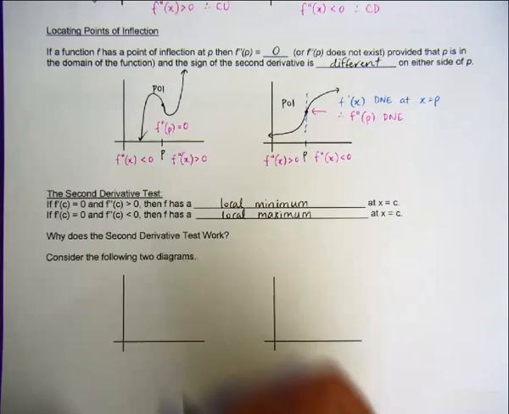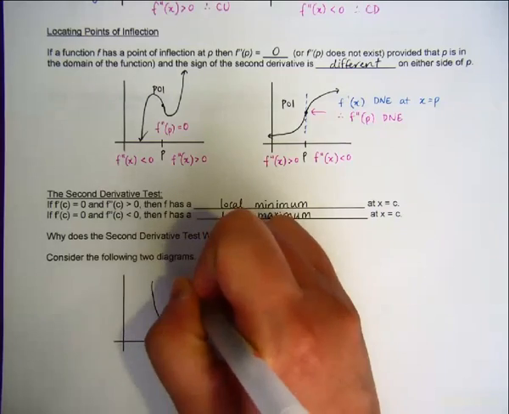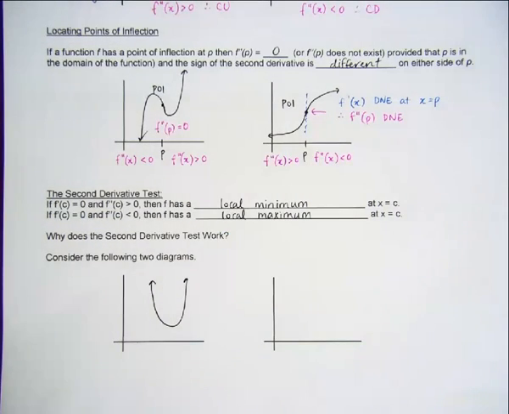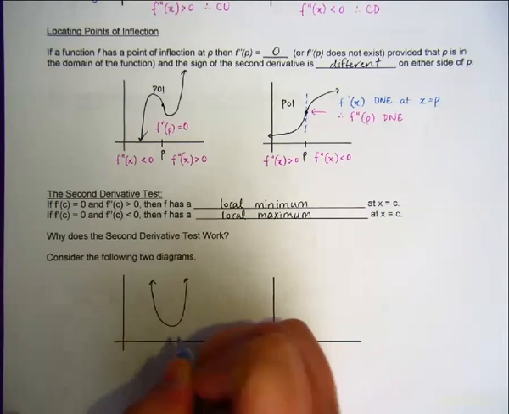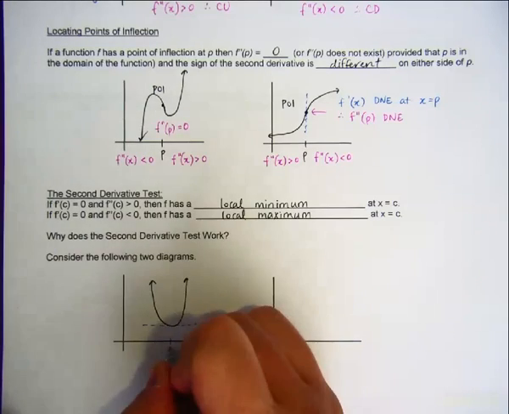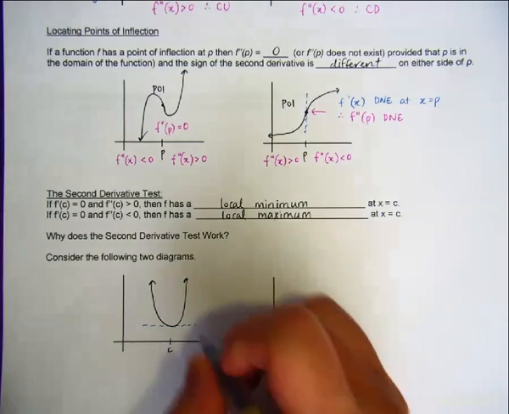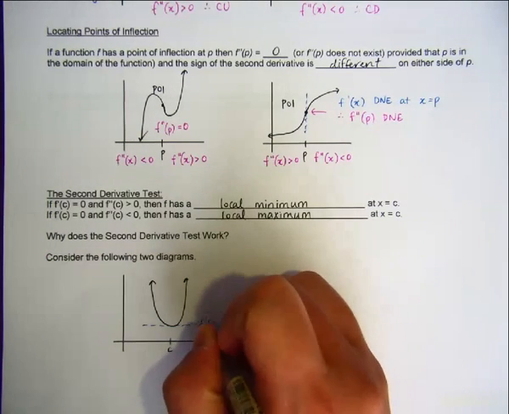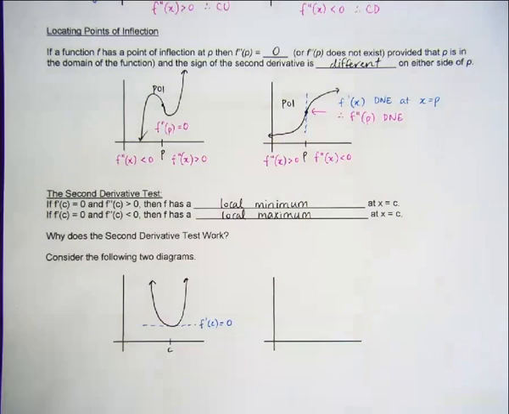So let's take a look at why this works. Again, just using a parabola as a simple example. Our first derivative at this point, x equals c, is 0. The slope of the tangent line will be horizontal.